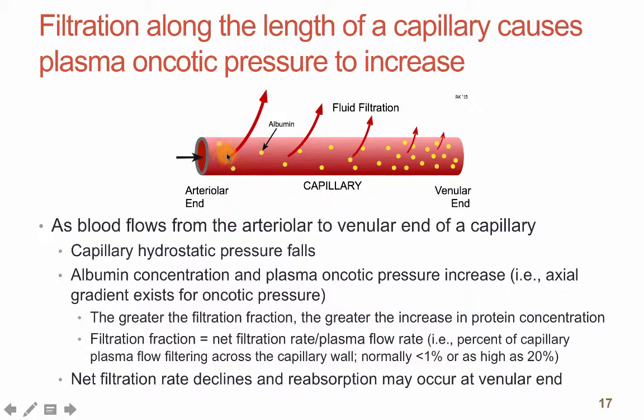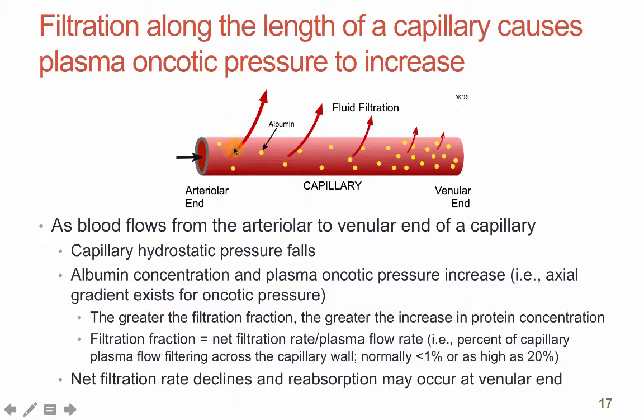So when we have filtration that occurs along the length of a capillary, as I just mentioned to you, filtration will generally be higher at the arteriolar end of the capillary. Well, let's consider for a moment what this would do to the concentration of albumin within the capillary along its length.